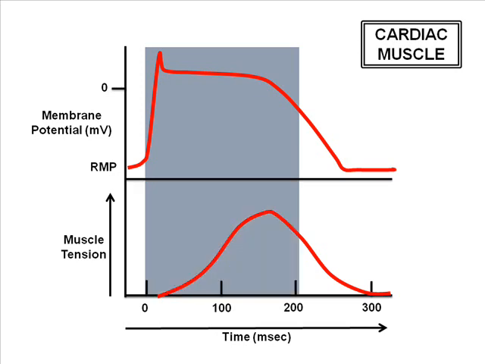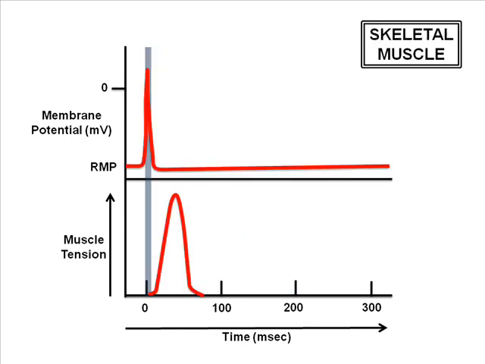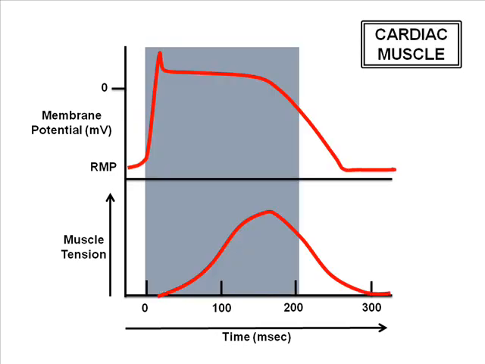So the muscle contracts more slowly, the action potential lasts longer, and the result is, in skeletal muscle, complete tetanus of the muscle is a possibility because absolute refractory period ends well before the muscle maxes out tension. In cardiac muscle, complete tetanus is essentially impossible because you can't stimulate the muscle a second time until it's already completed the contraction phase and is into relaxation.